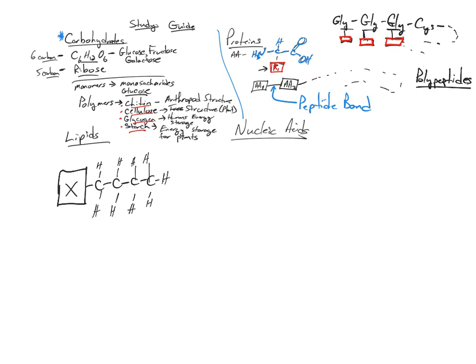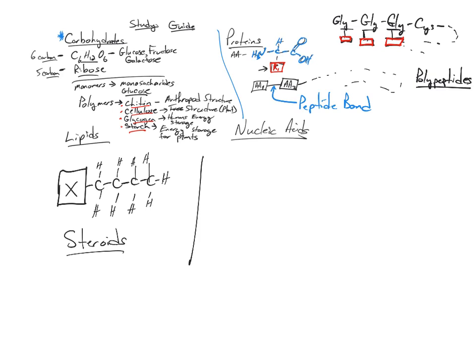And don't forget, or if you've done your reading, you should know that there's another class of lipids called steroids. So things like cholesterol, testosterone and estrogen, they're all lipids. A lot of steroids have rings, but in any case, they're long chains of carbons, and mostly carbon and hydrogen.